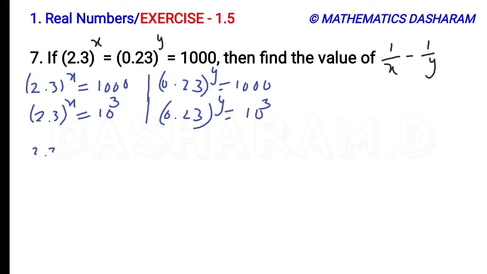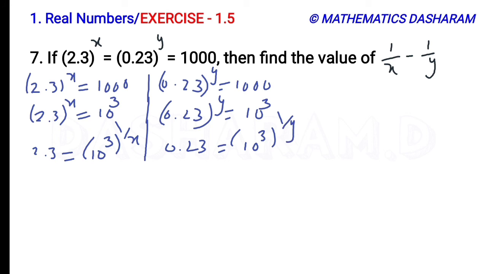So 2.3 equals to, here the power x transposed to RHS side, then it will become whole power 1 by x for the right side. So left side x transposed to right side, then it became 1 by x. So here also 0.23 is equals to 10 cube whole power 1 by y.